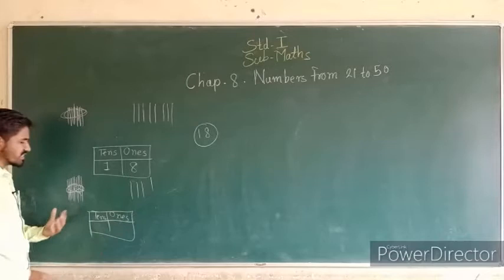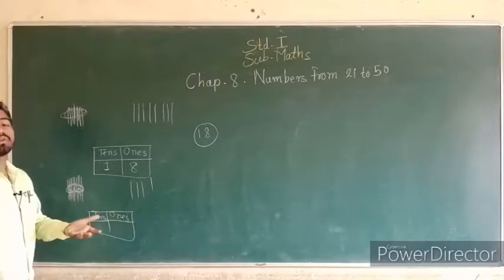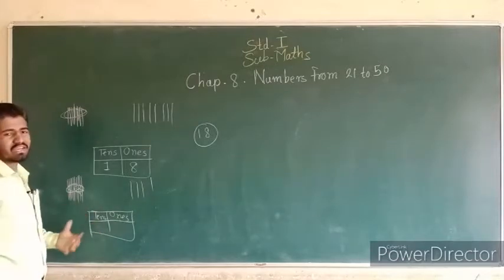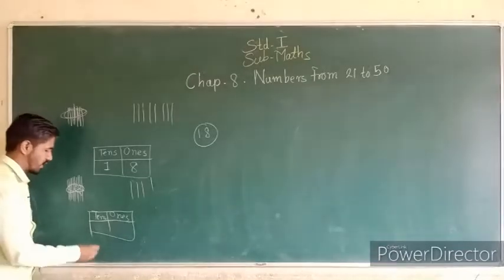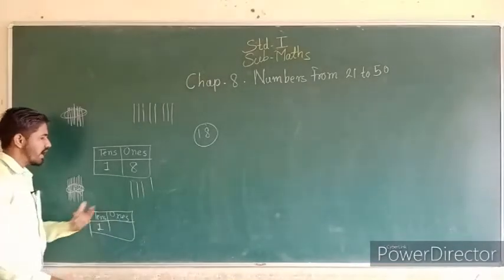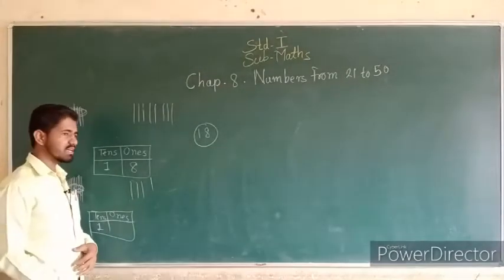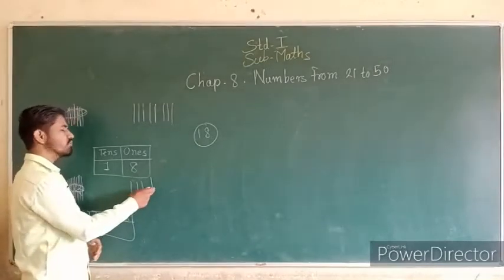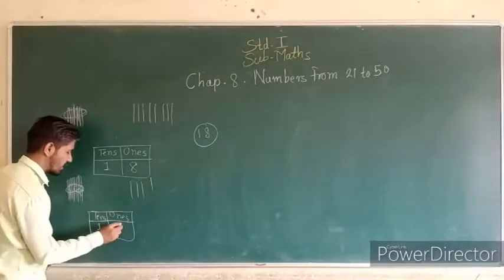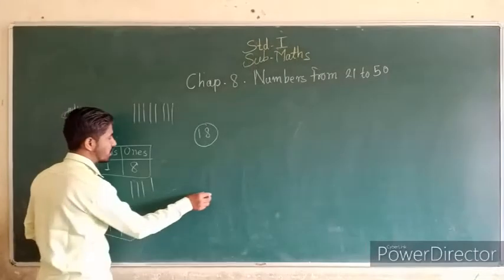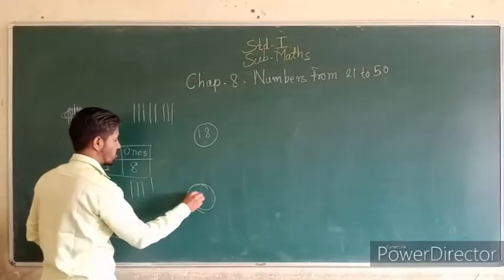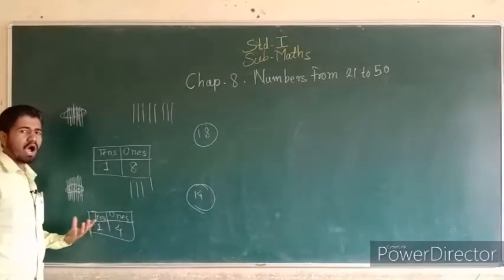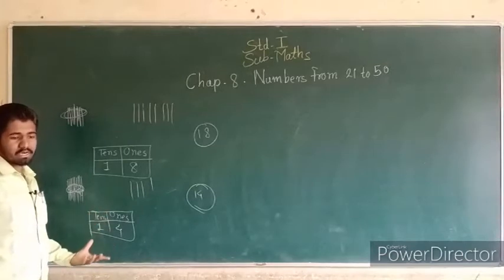How many tens are here? 1 bundle is here, so we write here 1. And how many matchsticks are there? 1, 2, 3, 4. So we write here 4. So we get the number 40. All of you understand how we get this number?